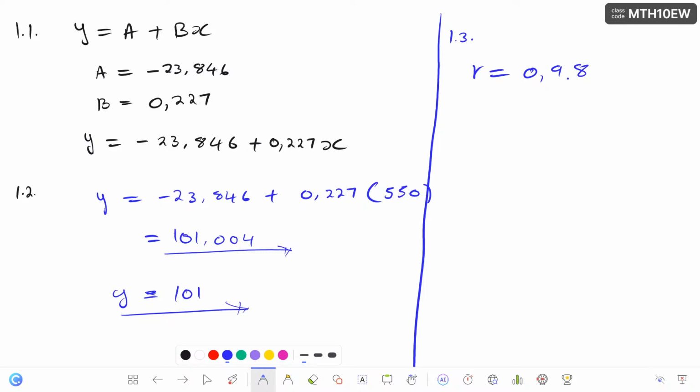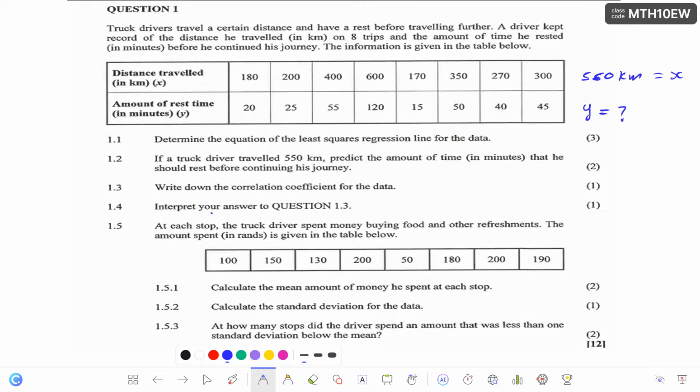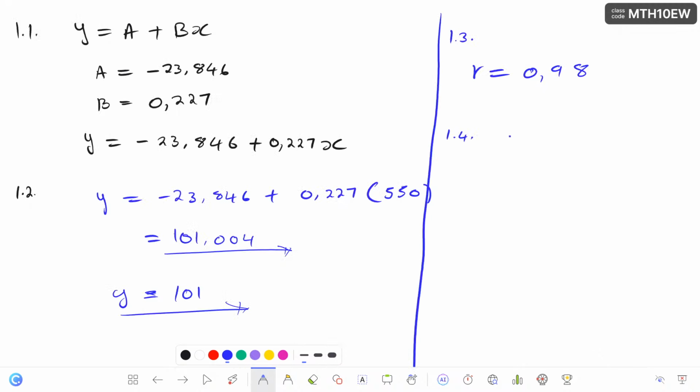0.98. Okay, so we'll go to 1.4. They said: interpret your answer to question 1.3. To interpret this one, you need to know the direction and the strength. If you check, our correlation is positive.